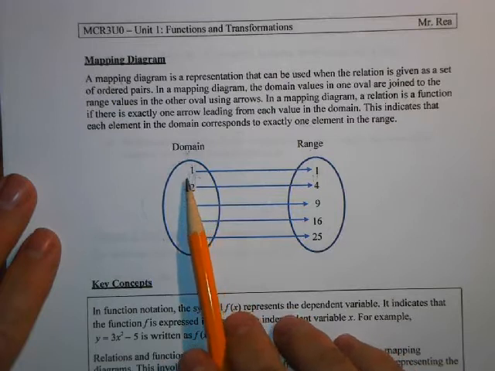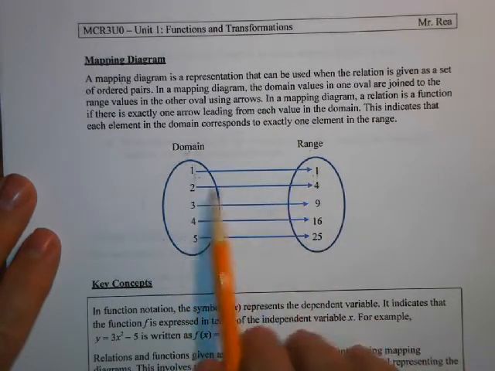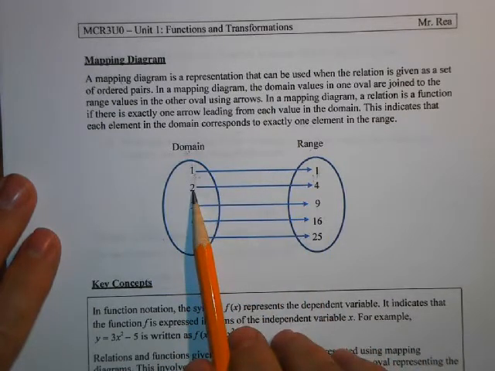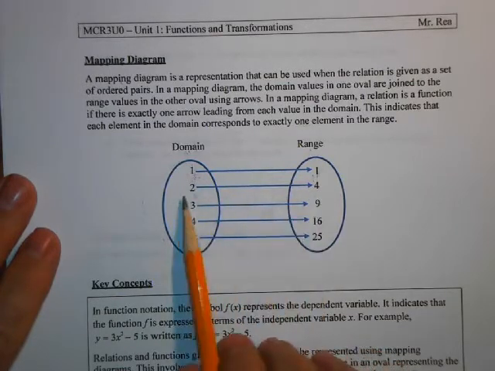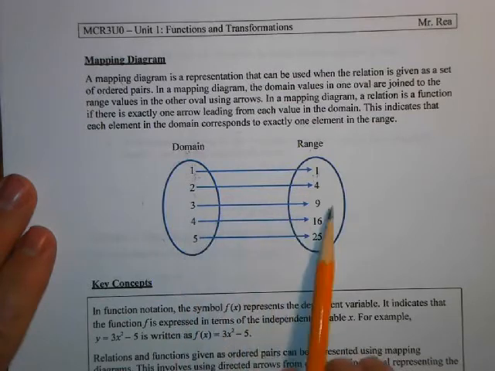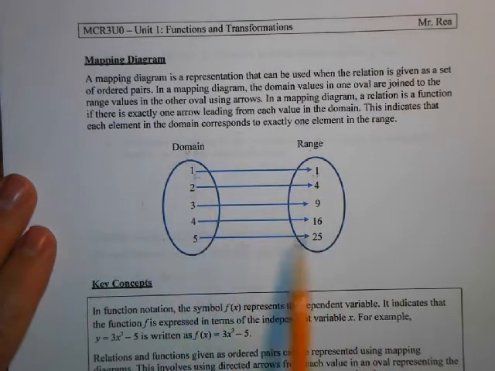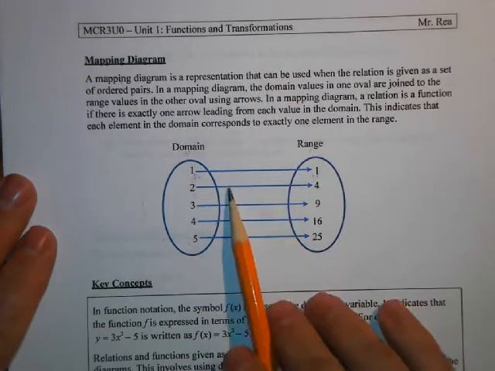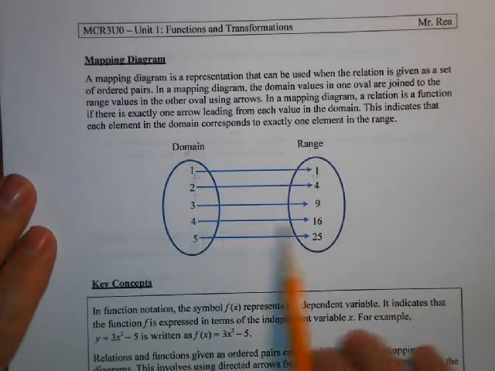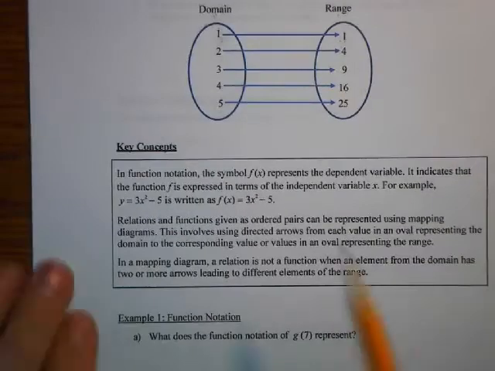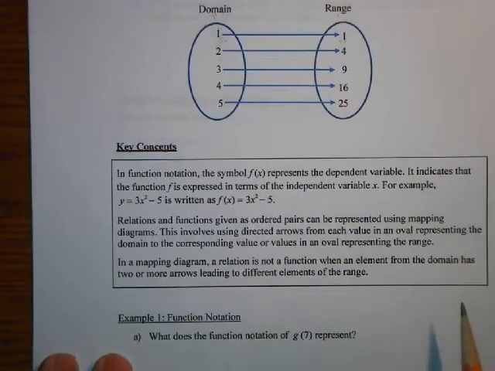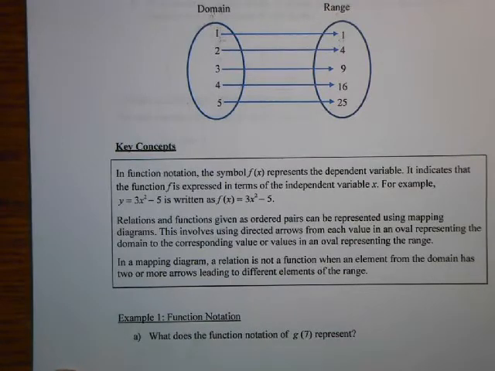If I was to graph this function, there would be a point (1, 1). If I fed the function the input of 2, it outputs 4. So that's the point (2, 4) on the graph, etc. So I've got 5 different points on the graph, 5 different entries in the table of values. That's basically what this says. Okay, so we'll look at some examples of that after we've covered some more on function notation.